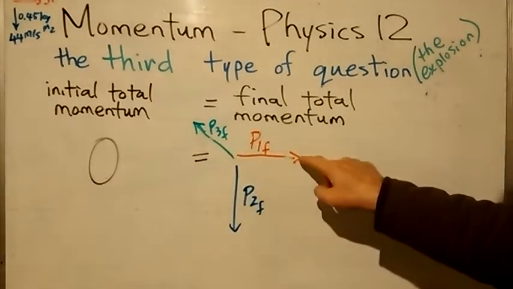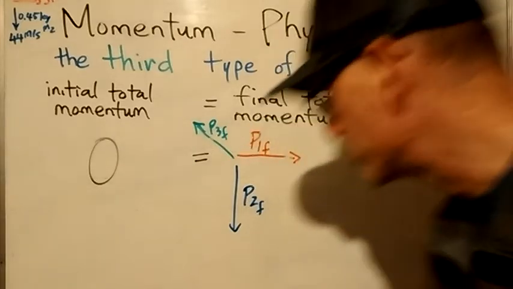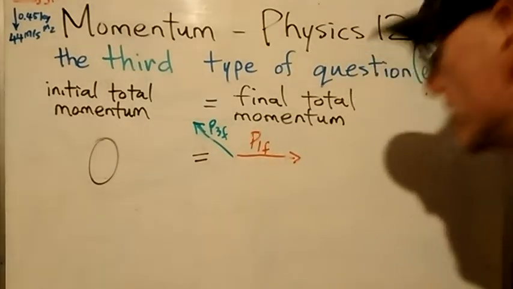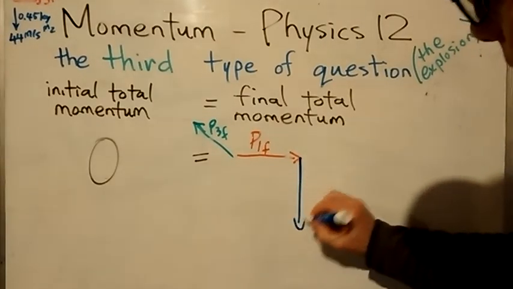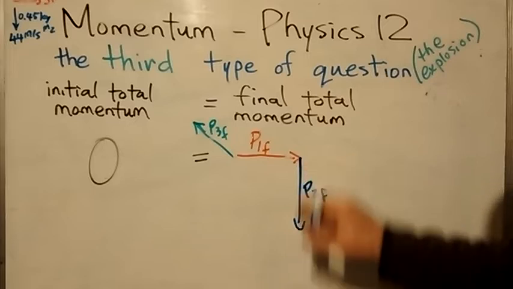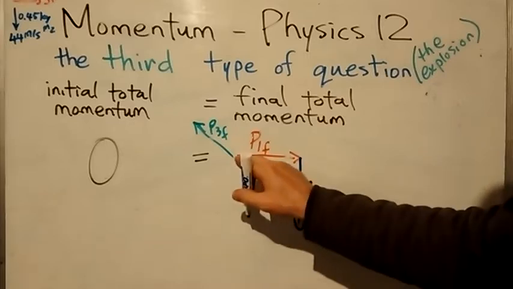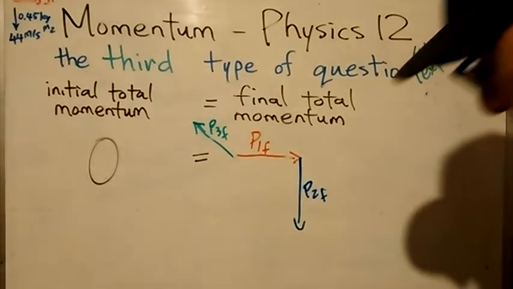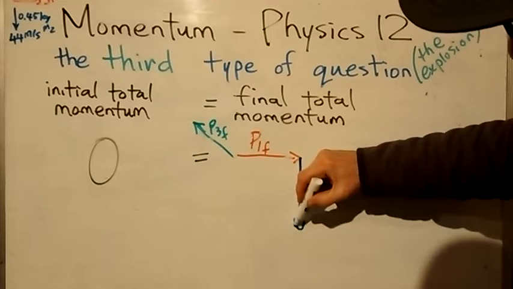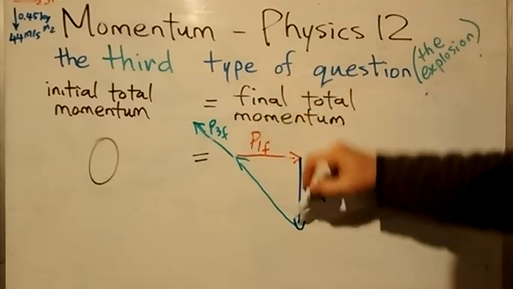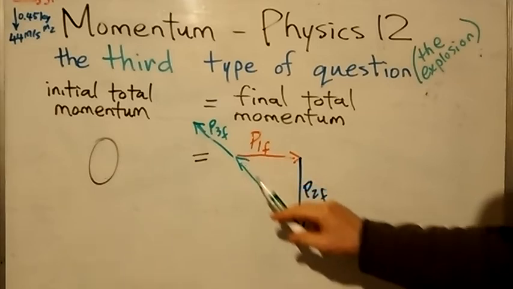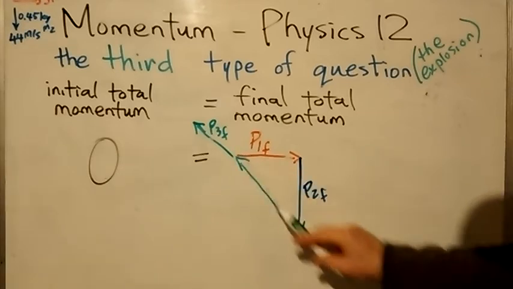So if I go P1 final and add P2 final to it, I'm just right where P1 final ends. I'll add P2 final to it, right here, and right where P2 final ends, I have to go back to P1 final. And yes, that is in the same direction that we predicted it to be. So right where P2 final ends, if I add the final vector, the final momentum of that third piece that got blown off, it is going in that direction.